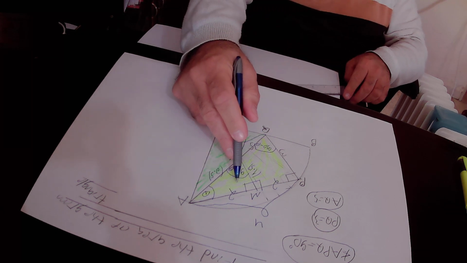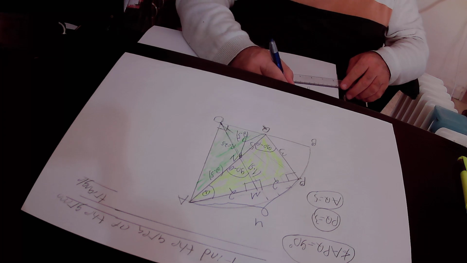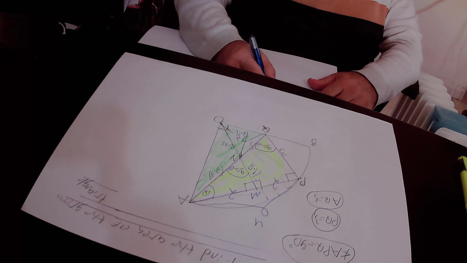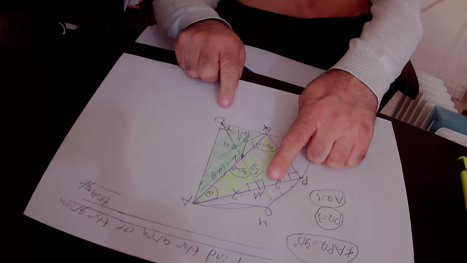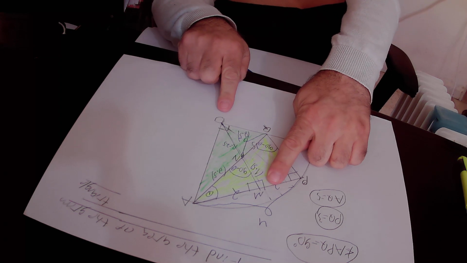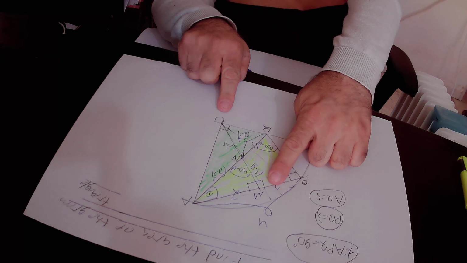Side AM equals 2 units in its length. What is the length of side MO? From the drawing it is easy to see that MO equals MN plus NO.